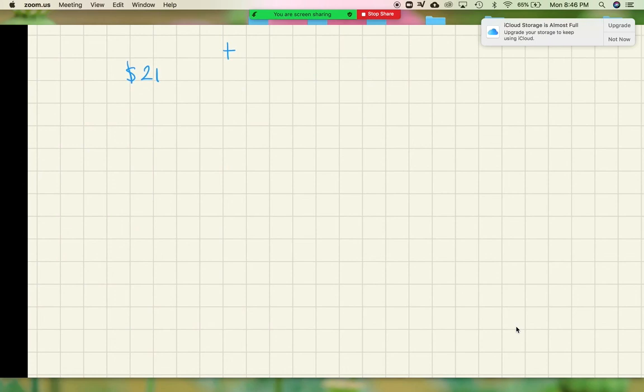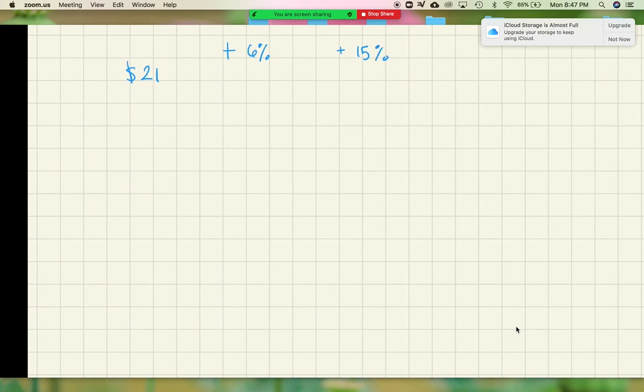So they said the meal was $21, and then tax is 6%. So I just put plus 6%, and then after that, including tax, they also want to do 15 more percent.